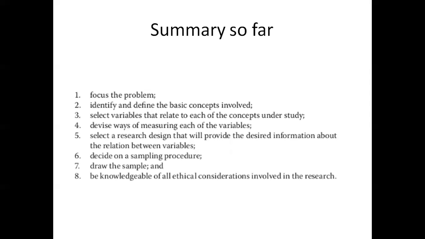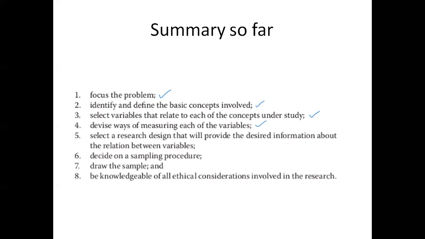Our summary so far, if we have gotten so far into the data collection stage, we have done a few different things. We have focused the problem. We have identified and defined the basic concepts involved. We have selected variables that relate to each of the concepts that we are studying. We have found a way to measure each of the variables.